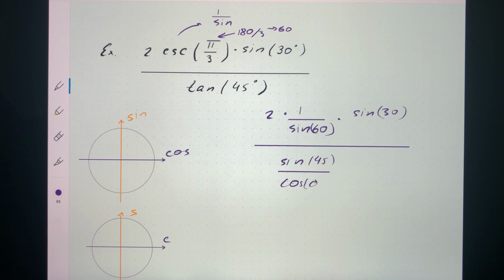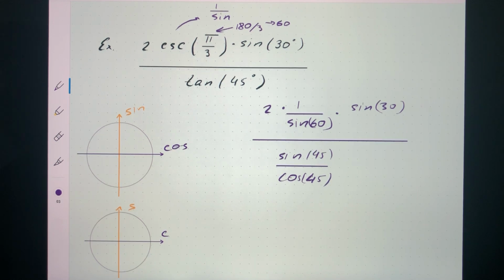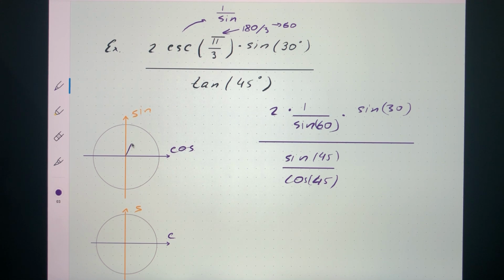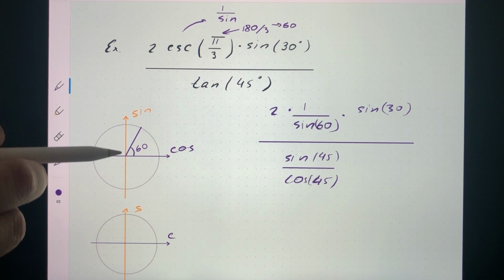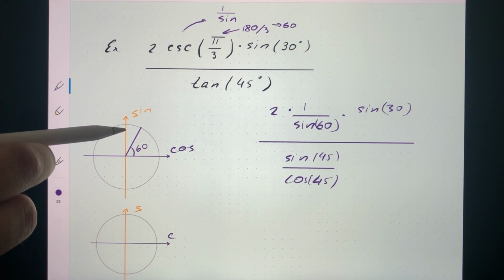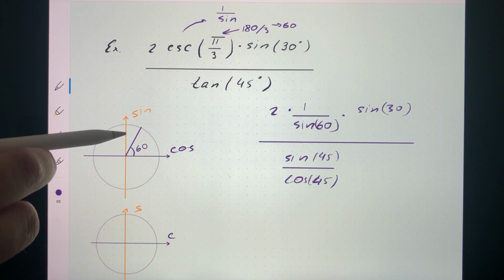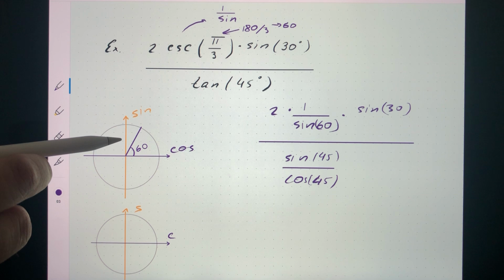So now we need the values for each one of those. So the first circle is for the 60 degrees. Here's 60 degrees. It's a little bit more than 45. We're interested in the sine, so we will use the vertical side to guess how close it is to 1. Is it closer to 1? Is it closer to half?